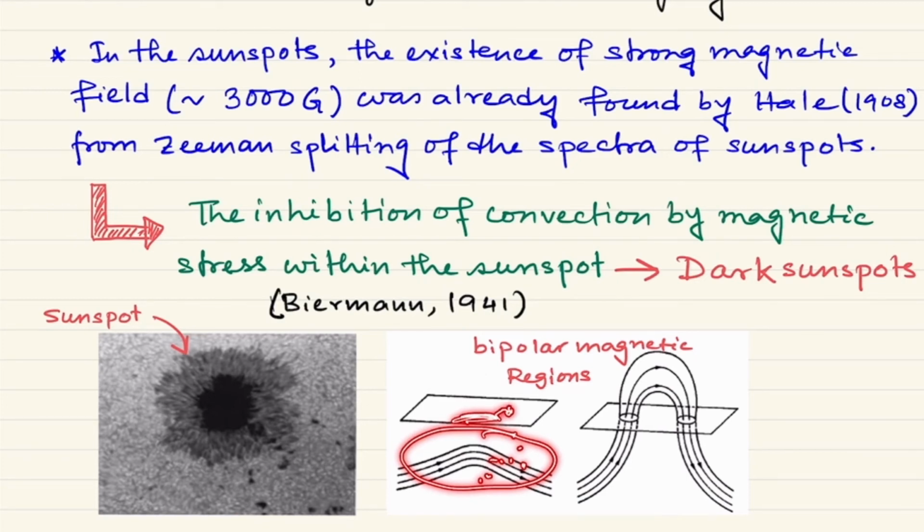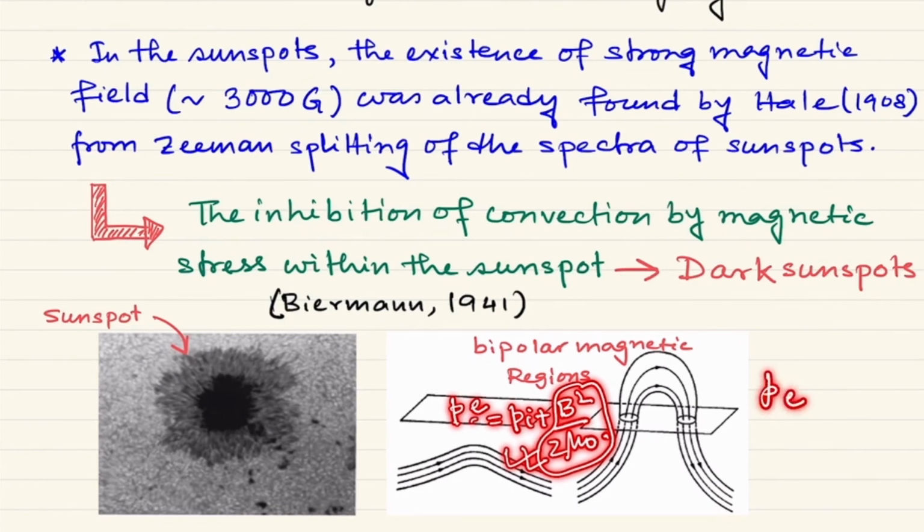Okay, that's very common sense. Here you have the external pressure equal to the internal pressure plus the magnetic pressure, B square by 2 mu 0. Since B square by 2 mu 0 is very large inside, Pe can be very much greater than Pi. So the internal pressure is low.